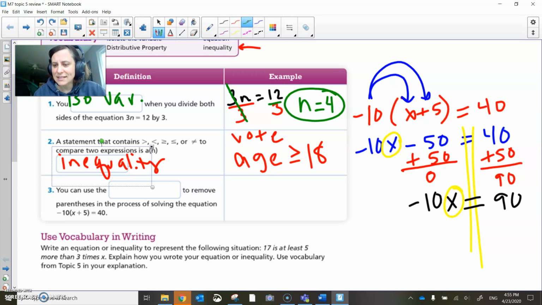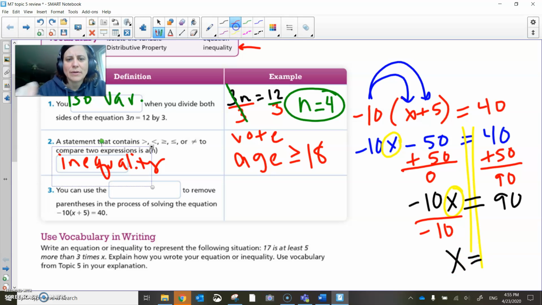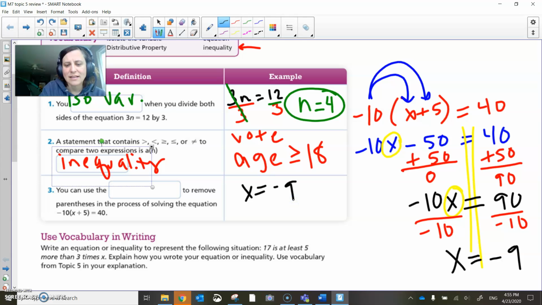Right now, that x is getting multiplied by negative 10, so we're going to divide it by negative 10. Because negative 10 divided by negative 10 is positive 1, which means we're just left with this 1x. But since we divided the left side by negative 10, we have to divide the right side by negative 10. And 90 divided by negative 10 is negative 9. So x equals negative 9 is the answer.